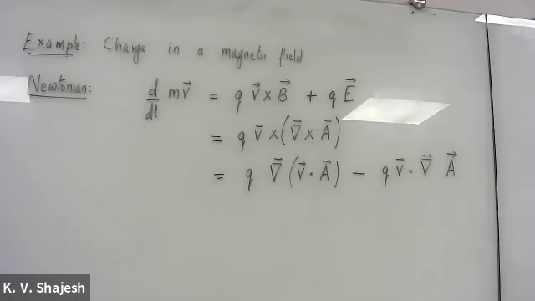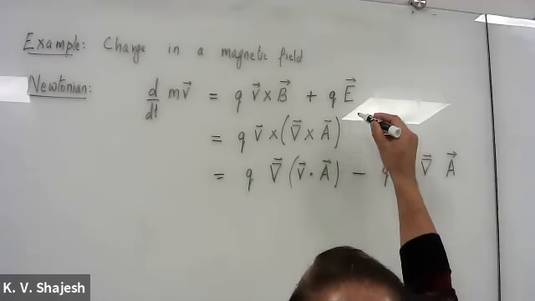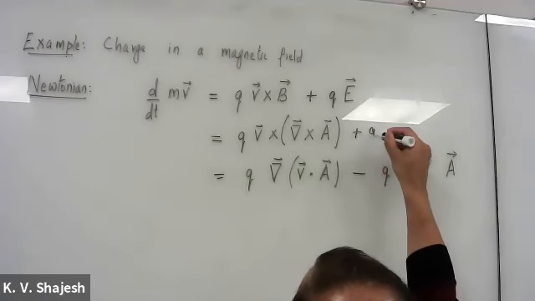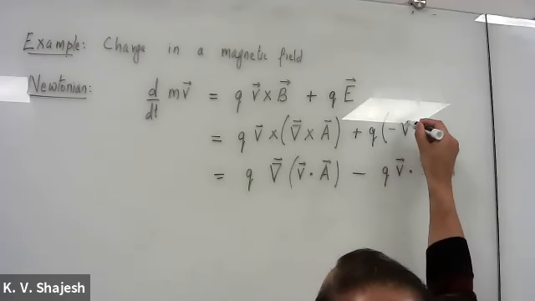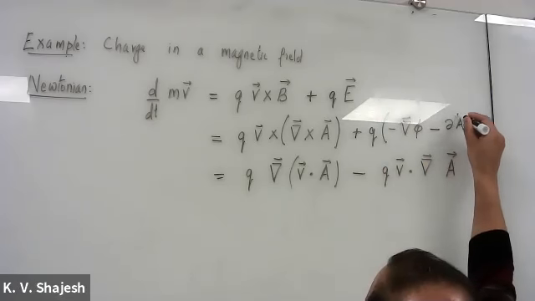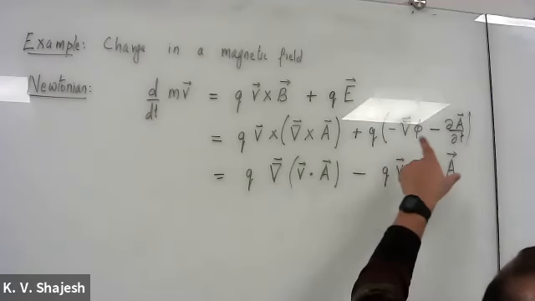Because I'm going to add and subtract something to this, and instead of saying that it's an assumption, let me say the electric field is in there. And the electric field is Q times the negative gradient of the scalar potential, negative partial derivative of A with respect to time. Is that a familiar idea? Electric field is equal to this?